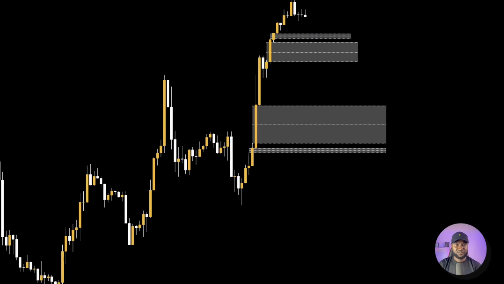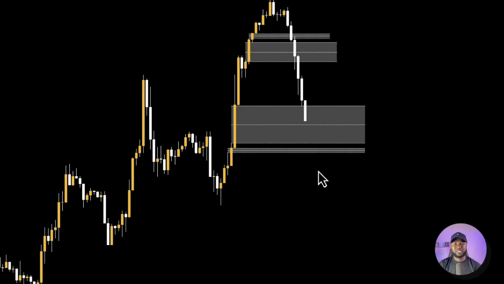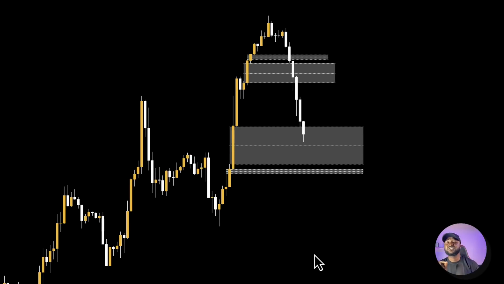Price, right? I think it's the right time for the inefficiencies to start getting balanced. So when you see price doing this, there are 2 or 3 ways price balances inefficiencies. Either it uses the IOFED, which is basically the tip, or the first half of the inefficiency.